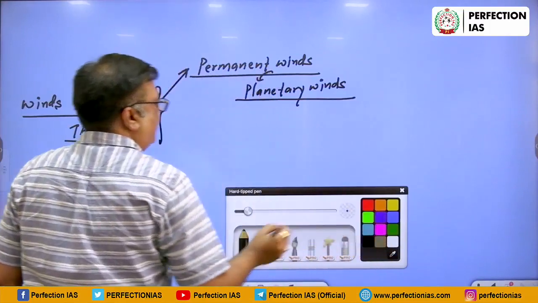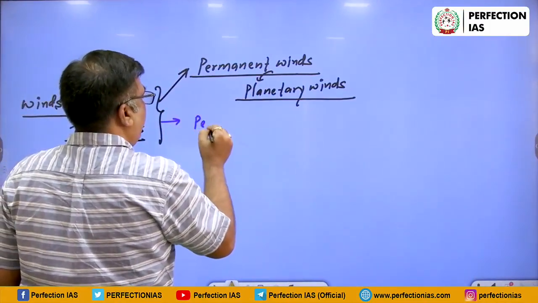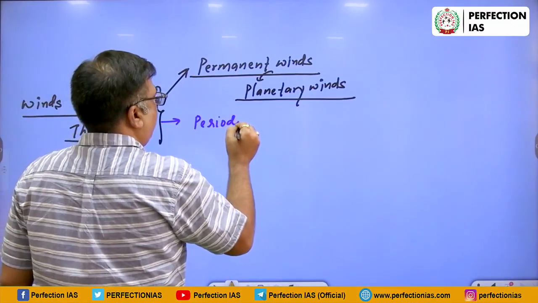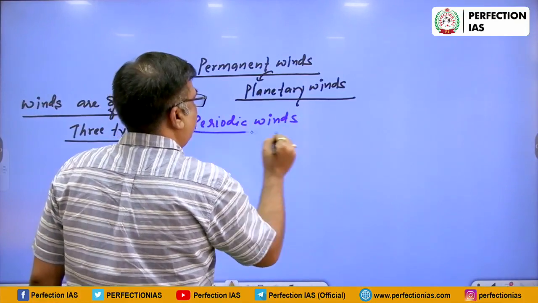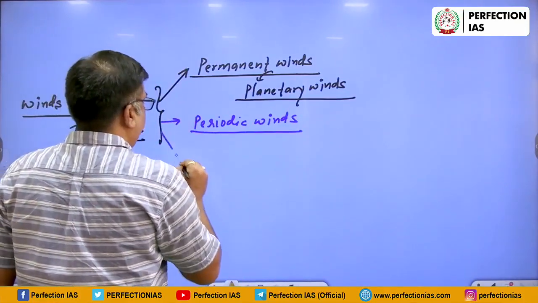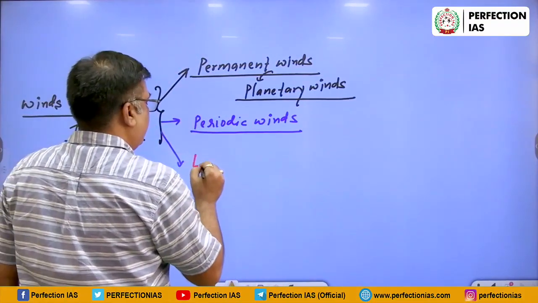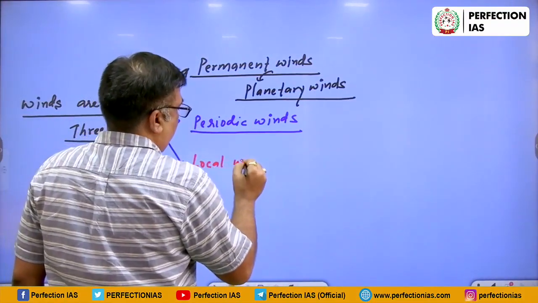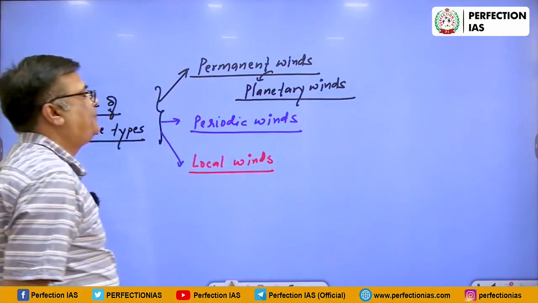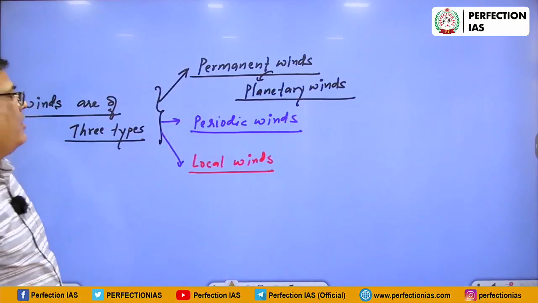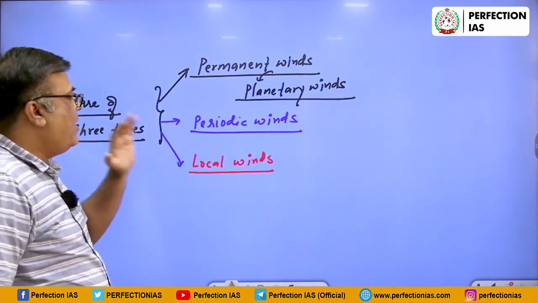Number two is called periodic winds, and number three is called local winds. Fine. Permanent winds, planetary winds, periodic winds and local winds.